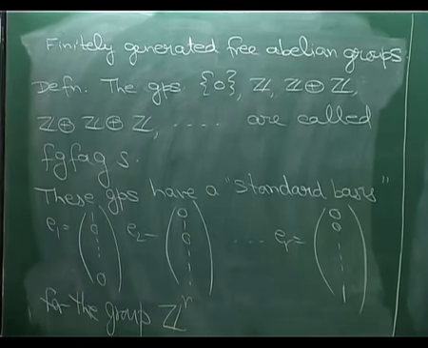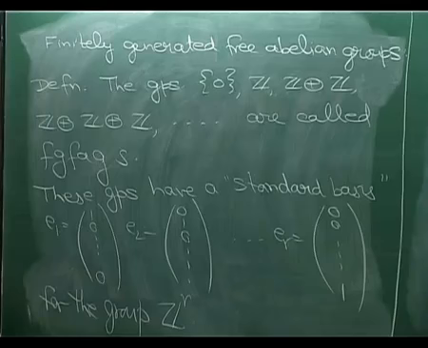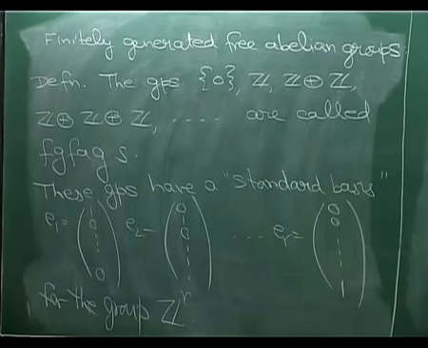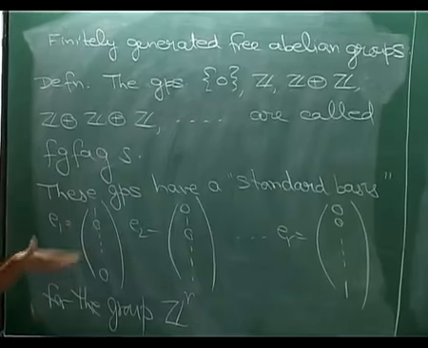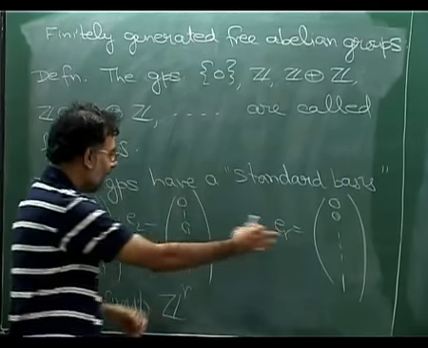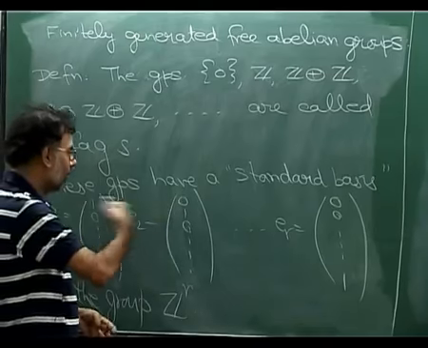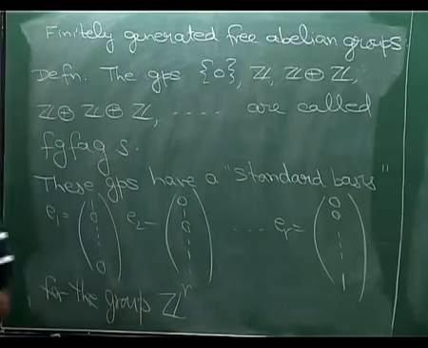Z^R means the direct sum of R copies of Z with itself, right? So this Z^R has this standard basis. I have not defined what standard basis is.